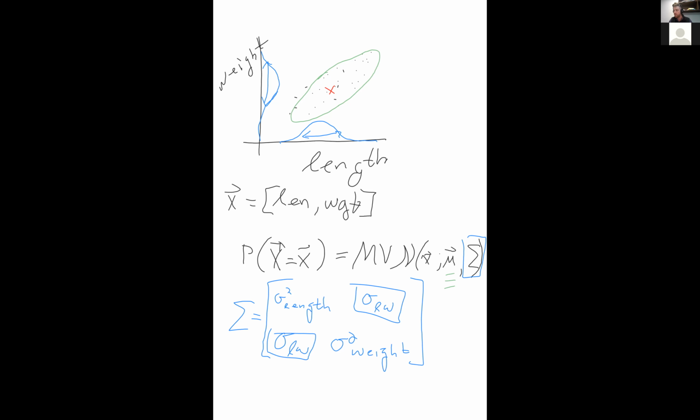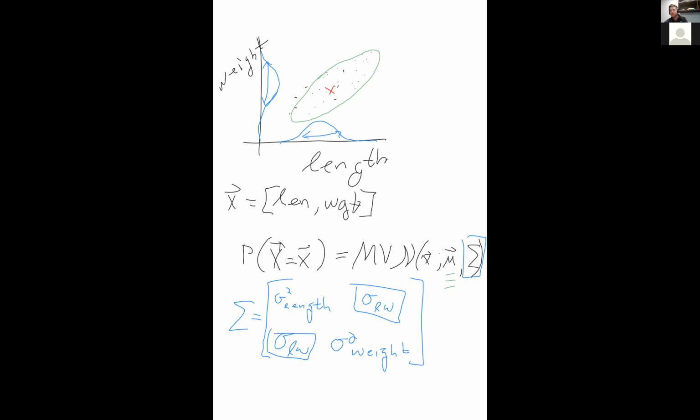But in this case, now we've got a 2 vector of means. So that's 2 parameters. These variance terms for each of the features independently, and then also this covariance term, and that's a total of 5 parameters rather than 4.